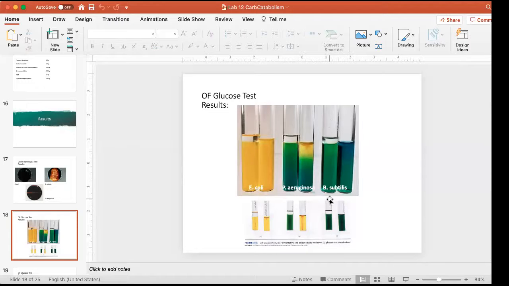Now what that tells us is that it's not growing in here. This is a tube where the bacillus has not been able to grow. It can't grow because it can't survive without making ATP. And in a condition where there is no oxygen or very little oxygen, it can't even use the peptone.